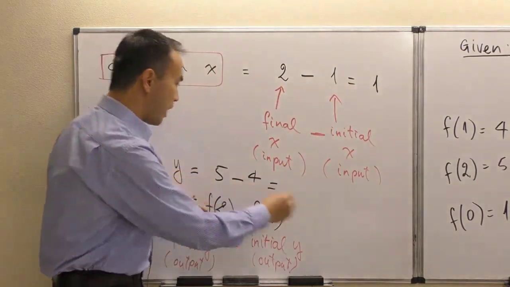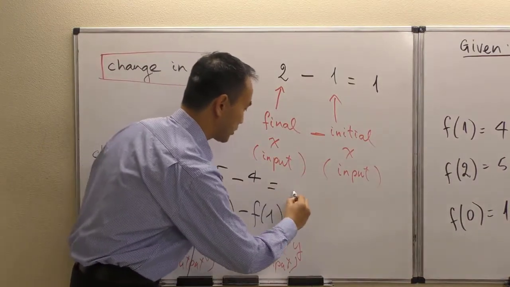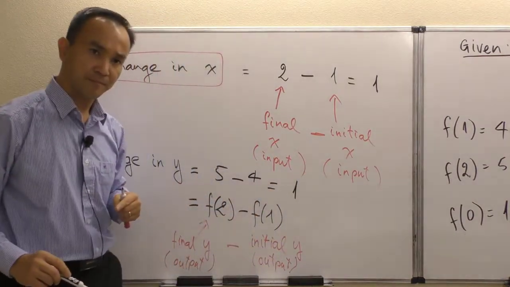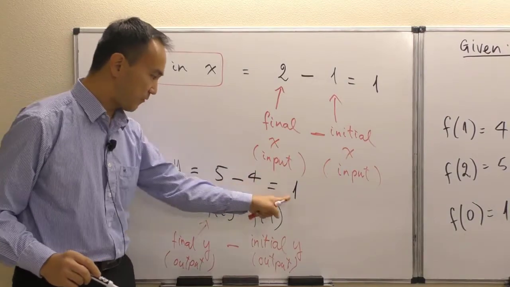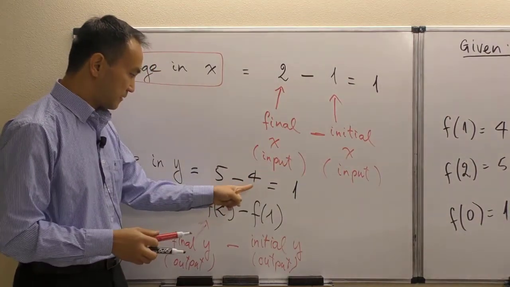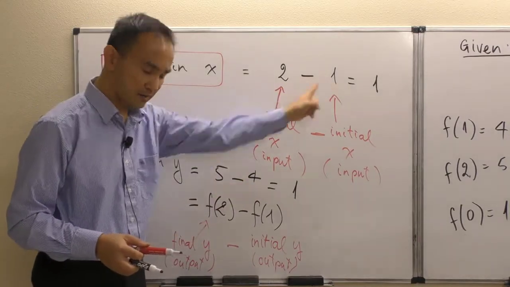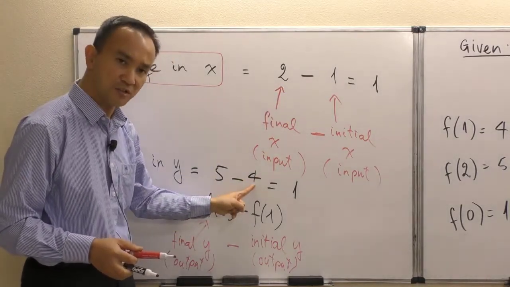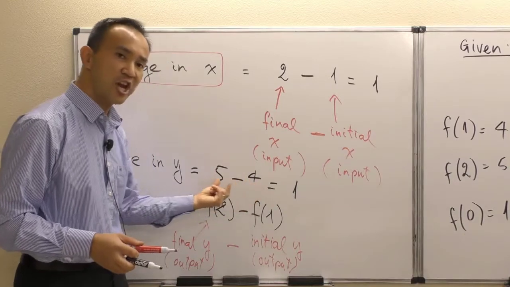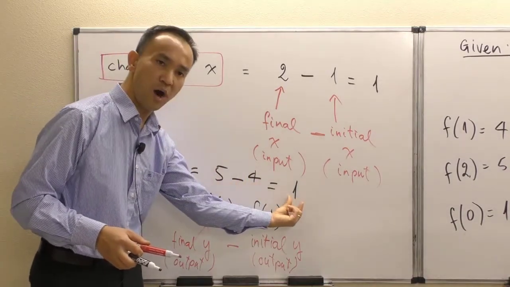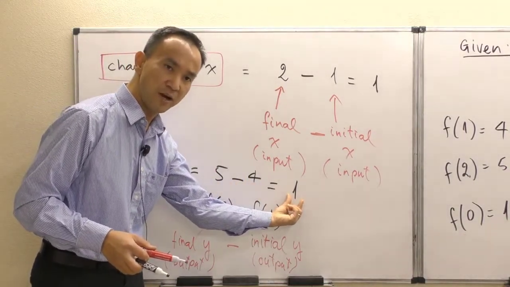The change in y here also comes out equal to 1. That reflects that the function value at x equals 1 was initially 4, and it changed to 5, so the total change was 1. It changed in value by 1.